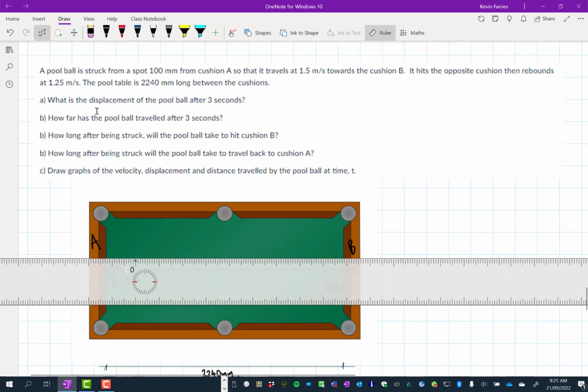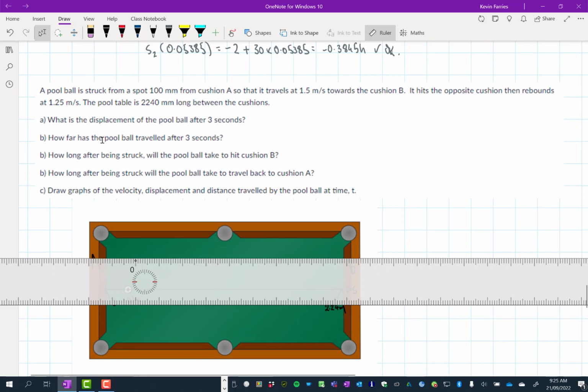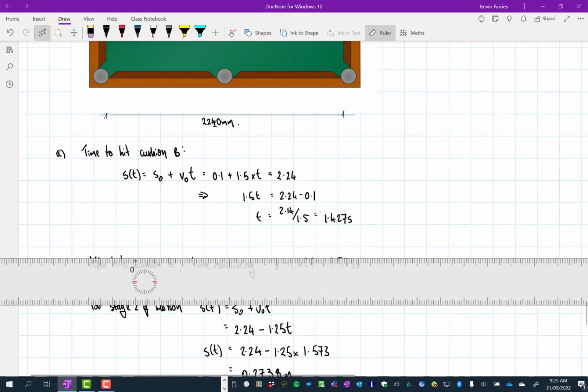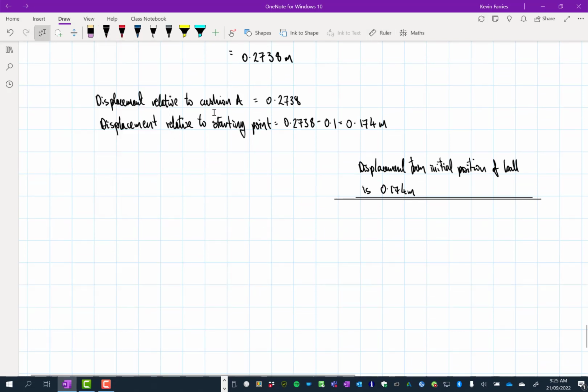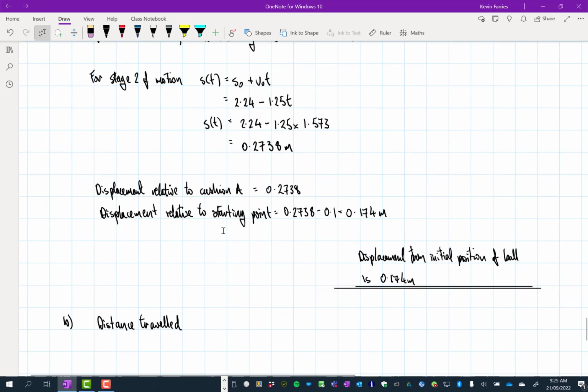What's the next part? How far did the pool ball travel after 3 seconds? So let's have a look at that now. So the distance traveled is just the total distance. So this is part B, distance traveled. So let's go back and think about what that pool ball did.